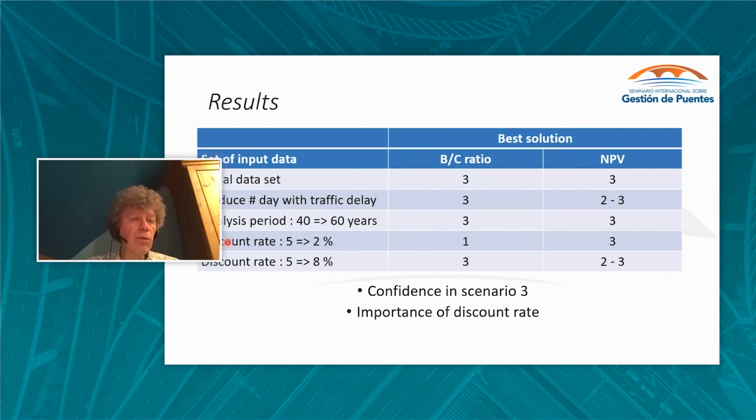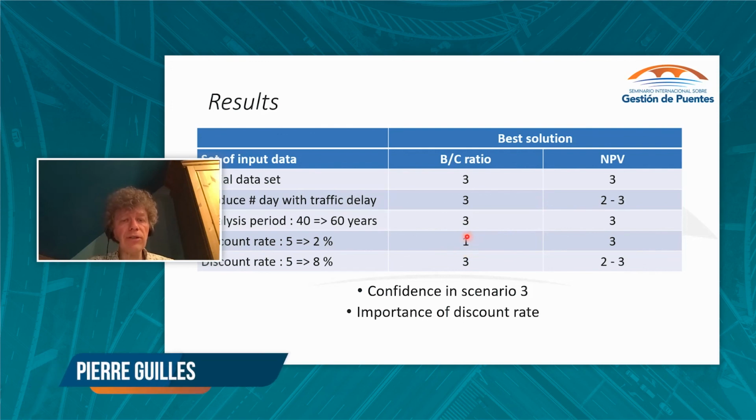If I reduce the number of days with traffic delay, so I reduce the user cost, scenario 3 remains the best, but I can see that with the net present value, scenario 2 becomes at almost the same level as scenario 3. If I increase the analysis period from 40 to 60 years, there is no change. If I reduce the discount rate from 5 to 2%, I can see here with the benefit cost ratio that solution 1 becomes better.